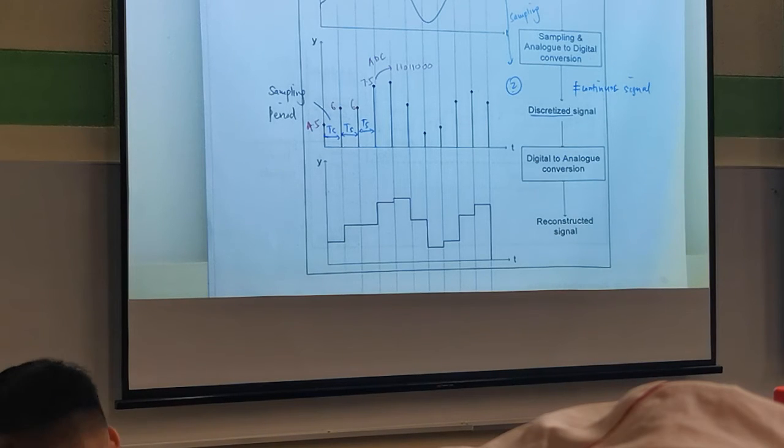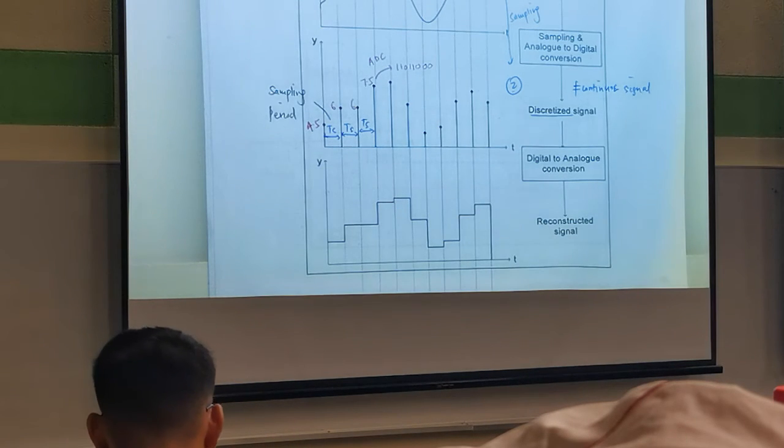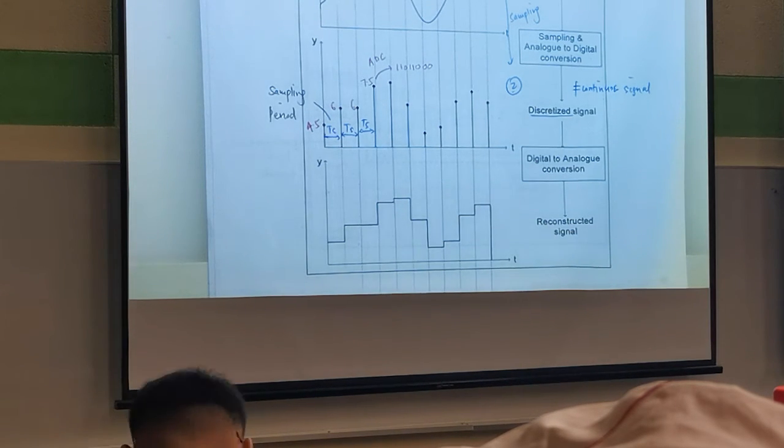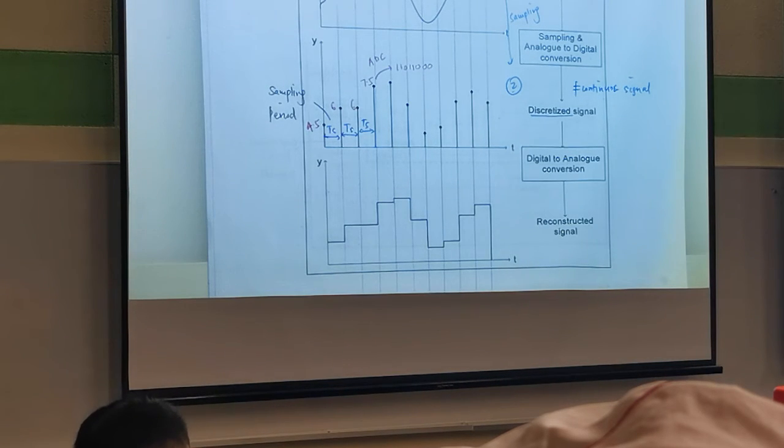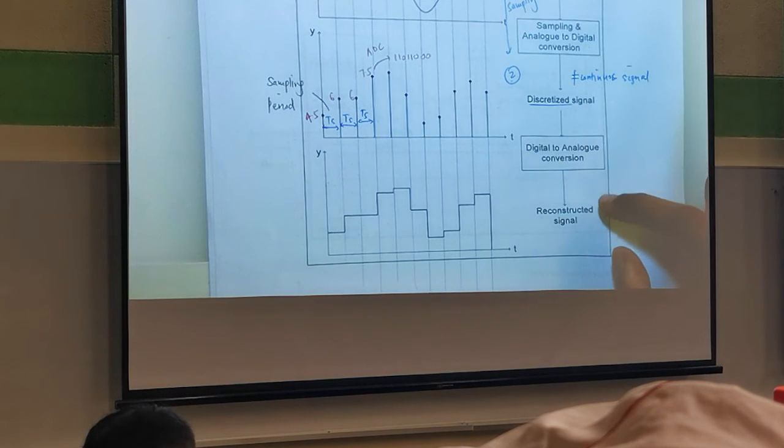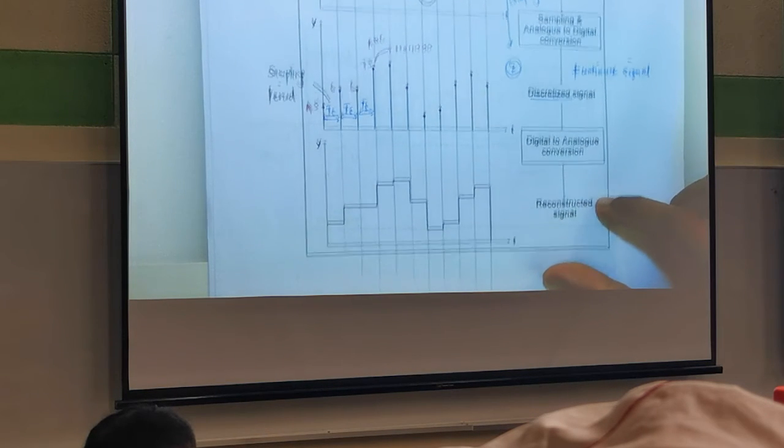As I said, we're not going into the details, but you need to know the overview of what's happening. Once you have the 10 bits, they go into the computer, which thinks of what the output should be. Then what happens next is you want to convert it back to analog.